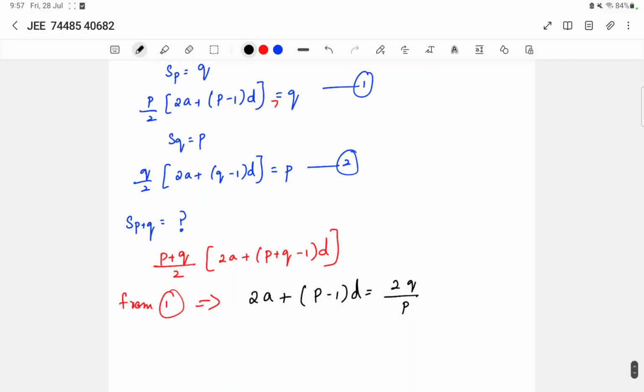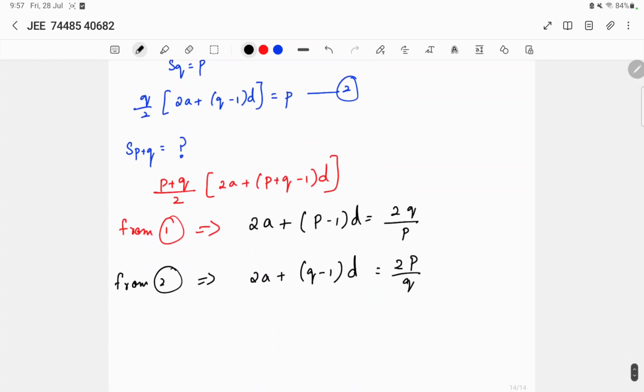Now from 2, the same thing: 2A plus Q minus 1 into D equals 2P divided by Q. Now I can subtract.